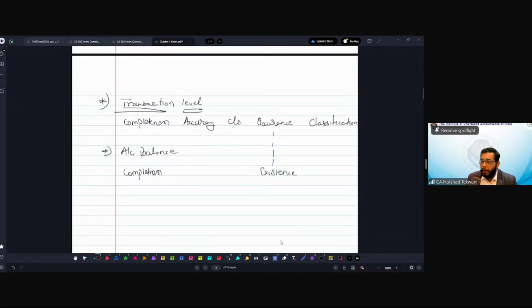Your accuracy will become valuation. Then you have rights and obligations, meaning the entity holds a right or obligation to have that particular account balance, liability or asset. So these are the four for the account balance level, and one is at the presentation and disclosure level.